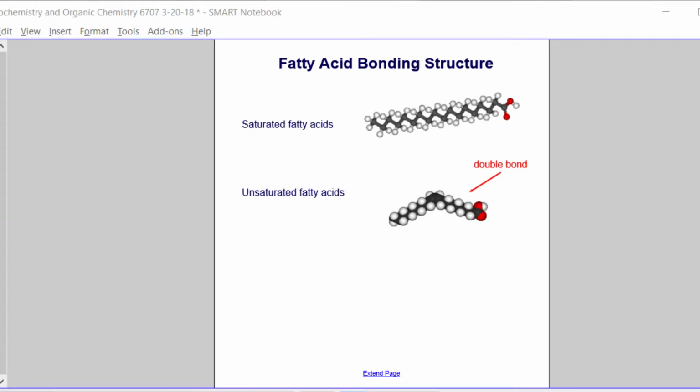So here's what you might see the structure of a saturated versus an unsaturated fatty acid to look like. The saturated fatty acids, because they have no double bonds between their carbons and a maximum number of hydrogens, you get this long straight chain. When you get the double bonds between the two carbons, as in an unsaturated fatty acid, you get these kinks in the chain.